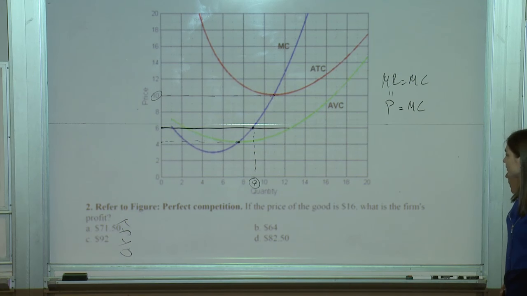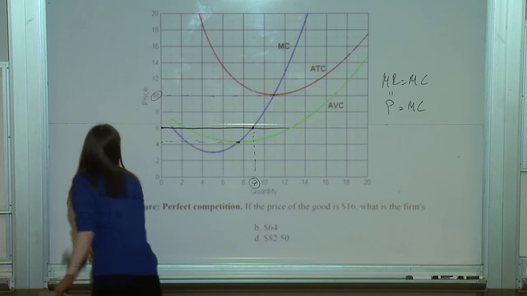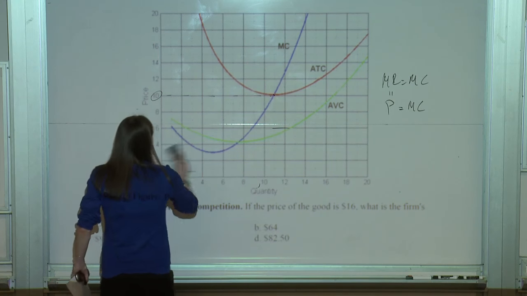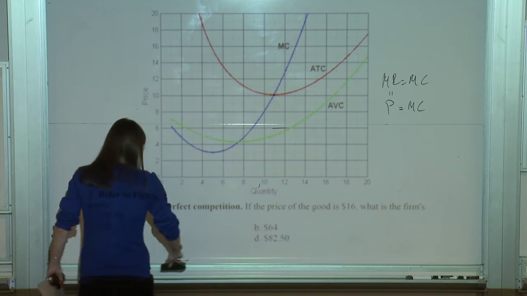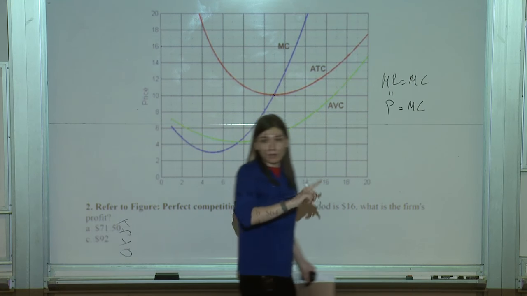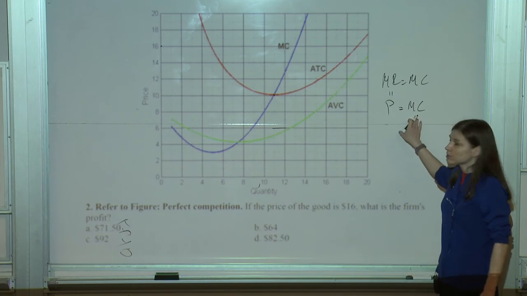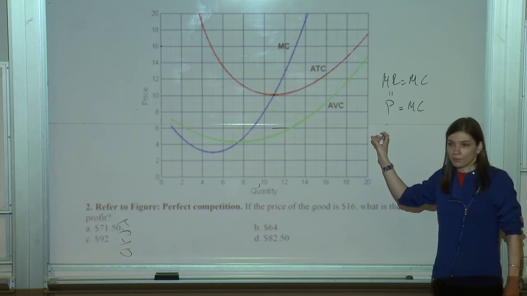If the price of the good is $16, what is the firm's profit? So now the price is 16, which is here. The same rule applies. They want to maximize profit, and this is perfect competition, so price equals marginal cost applies here as well.